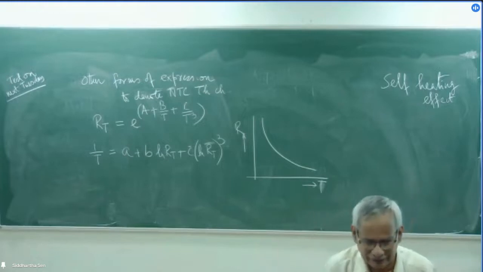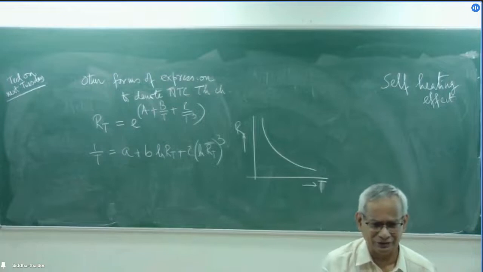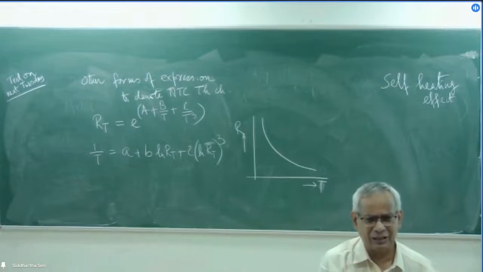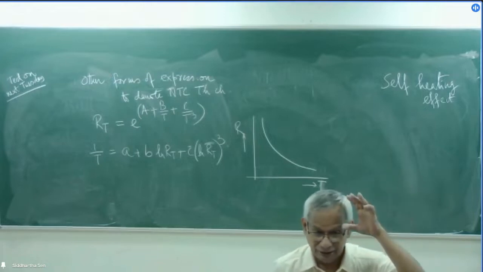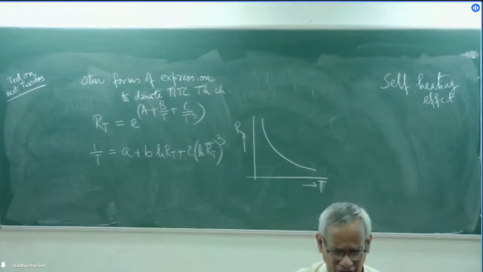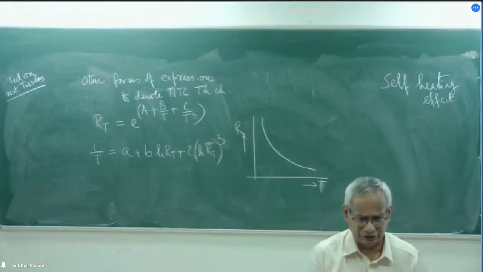If the resistance reduces, and it is a voltage source, the current may increase, which increases the heat generation.